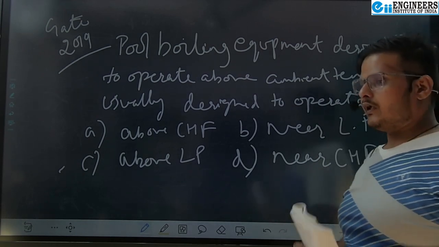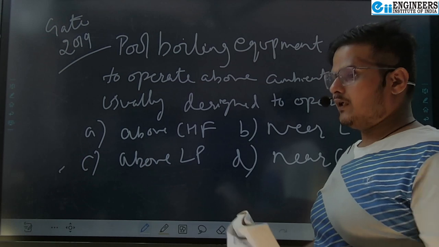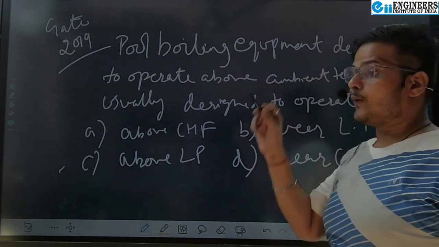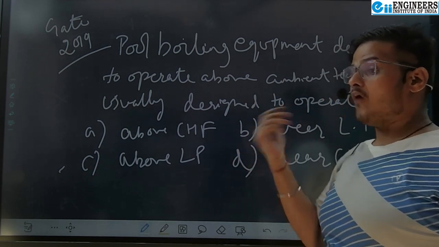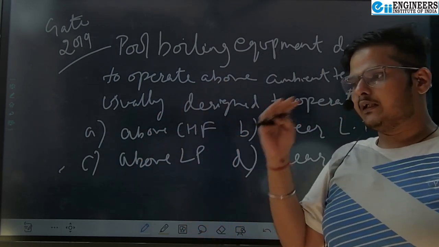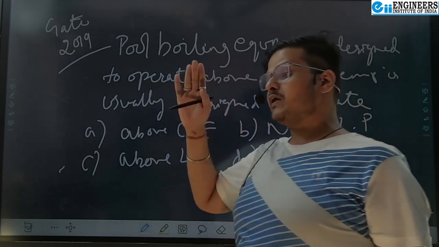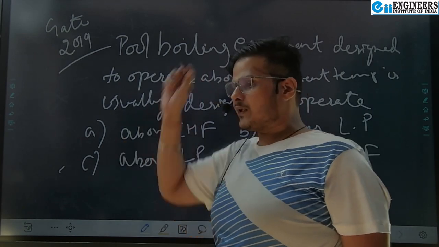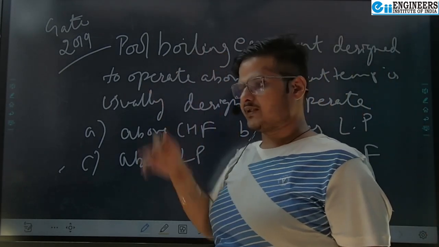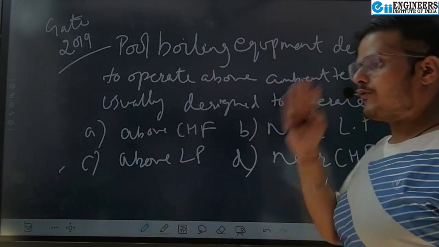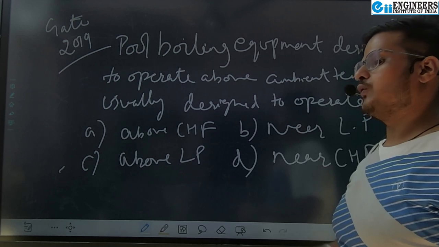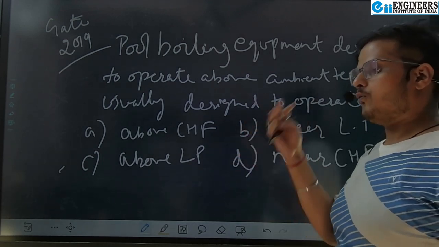If you remember the pool boiling curve, the point of CHF, or critical heat flux, is the point at which the system fails, and after reaching that magnitude the system fails. That's why that point is called the critical heat flux. We have discussed it. All equipment is designed to operate below the CHF so that it won't rupture or fail while operating.